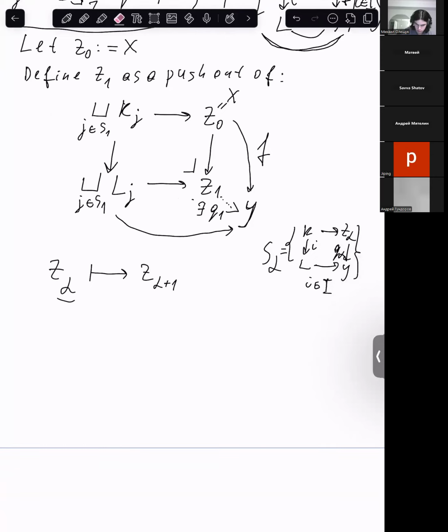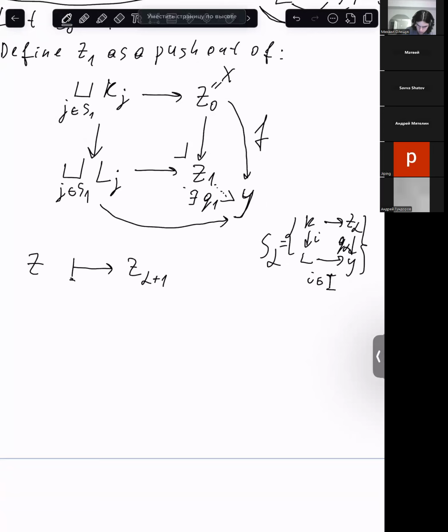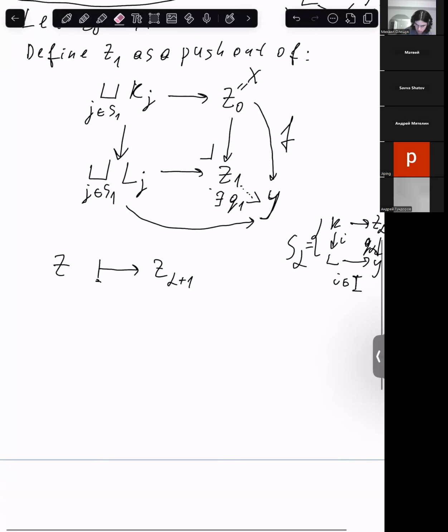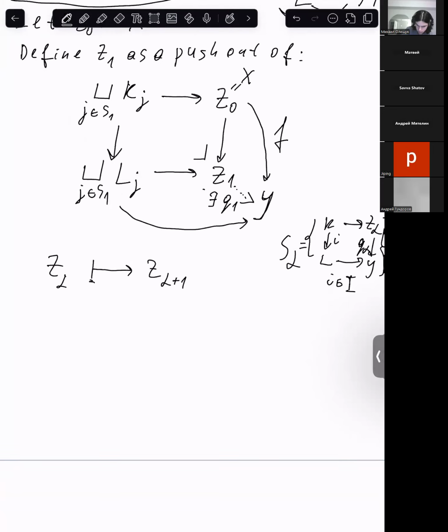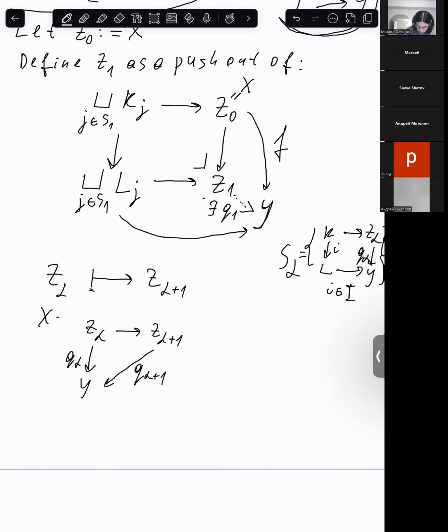It's important that we have a morphism from Z alpha to Y, which gives us a factorization of F, and everything commutes.